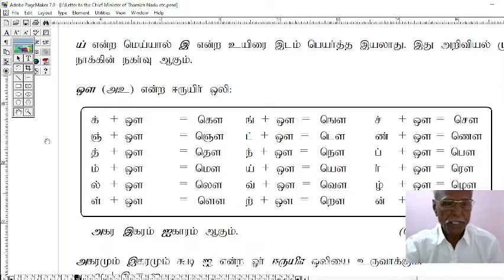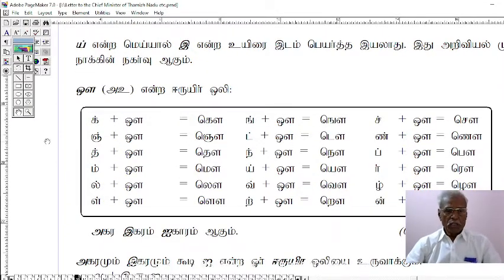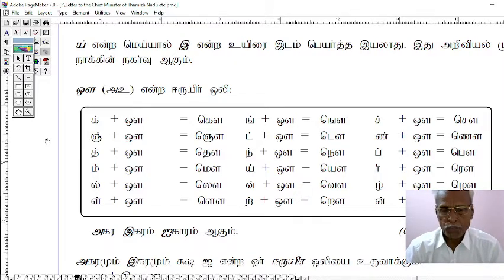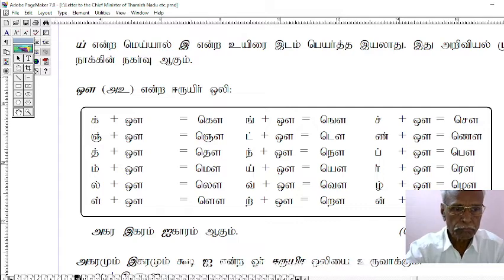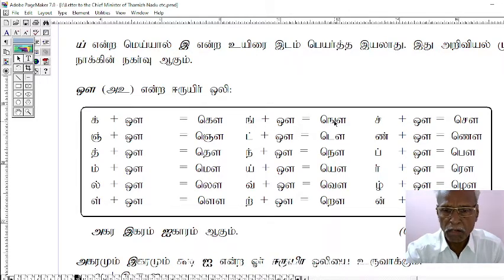Now, let us see how the diphthong au forms compound letters with other consonant letters. Ik plus au, kau. Ing plus au, ngau. Ich plus au, chau. Ing plus au, ngau.